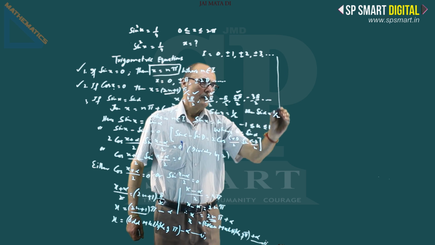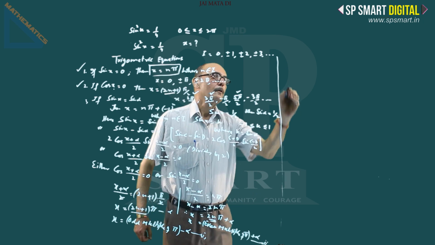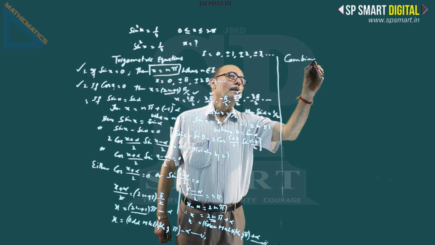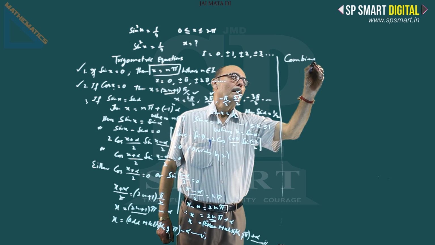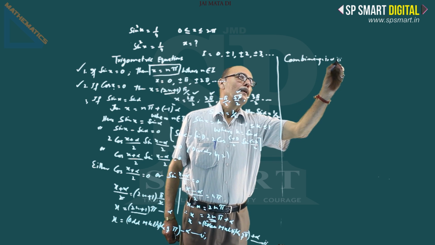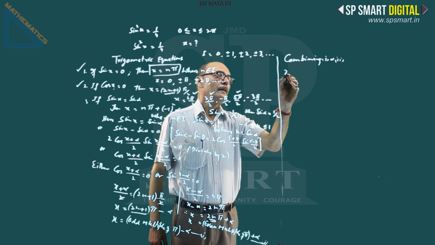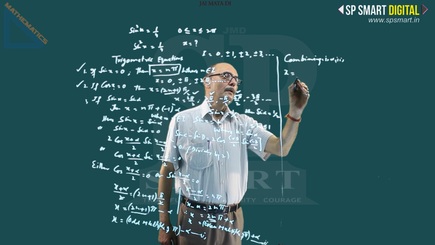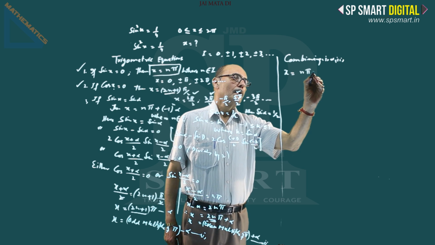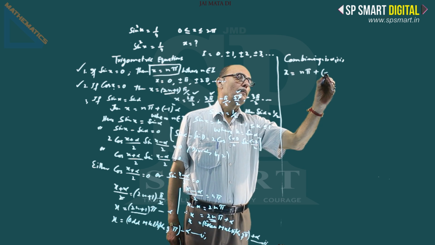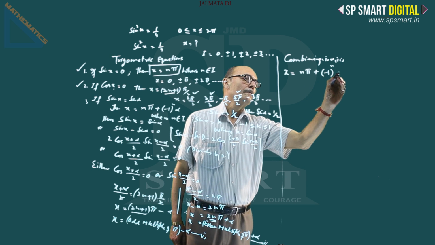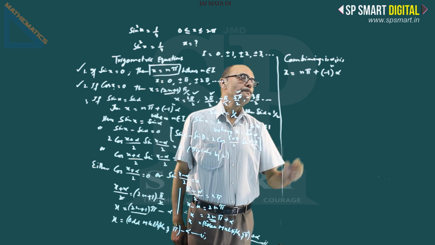Combining first and second, we have x equal to n pi plus minus 1 raised to power n into alpha.